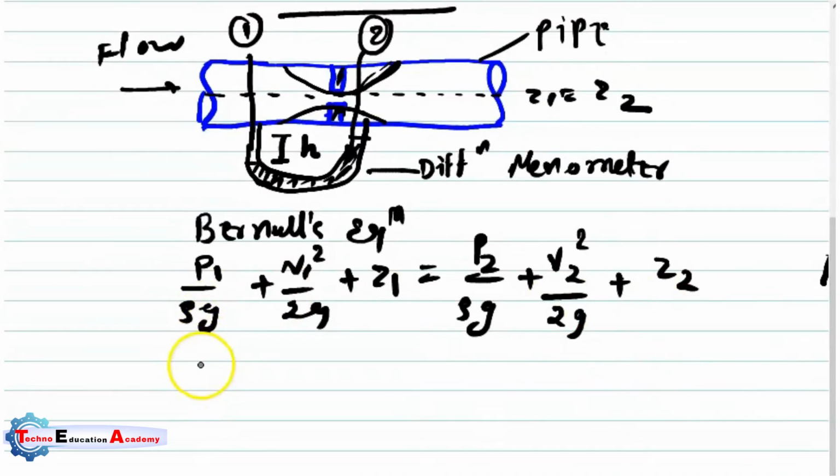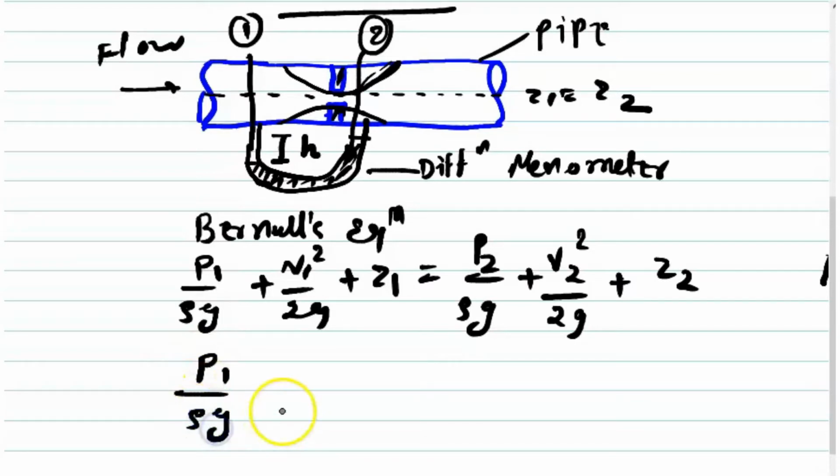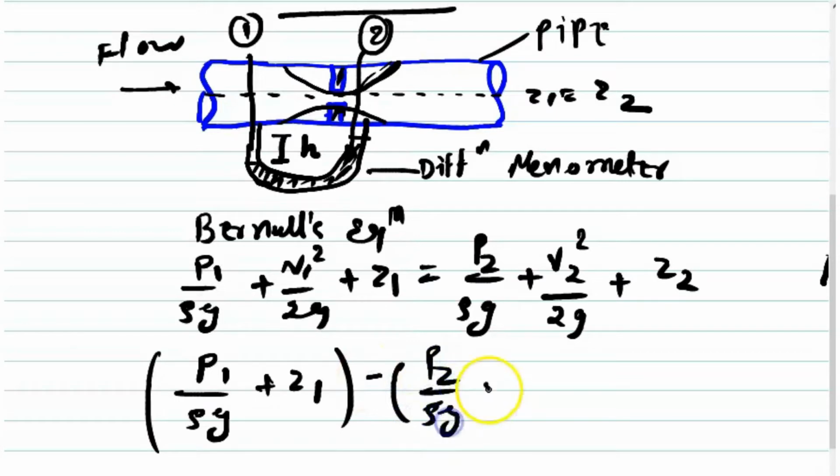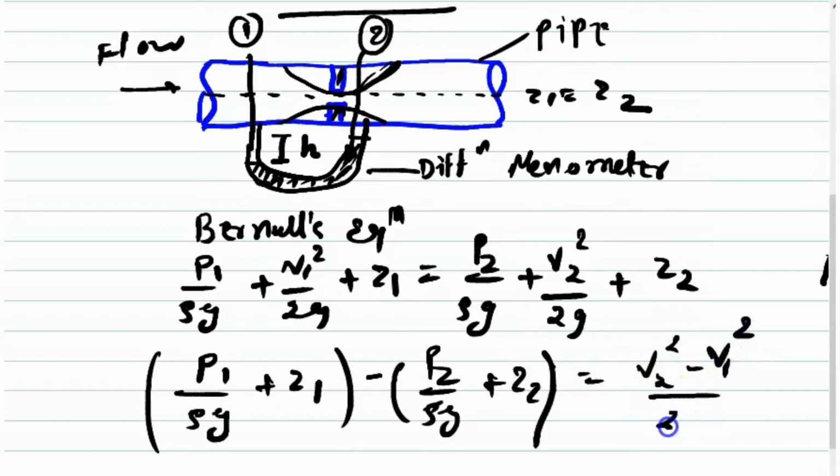Now we can write the simplified equation: P1 by rho g plus Z1, minus P2 by rho g plus Z2, is equal to V2 square minus V1 square by 2g.